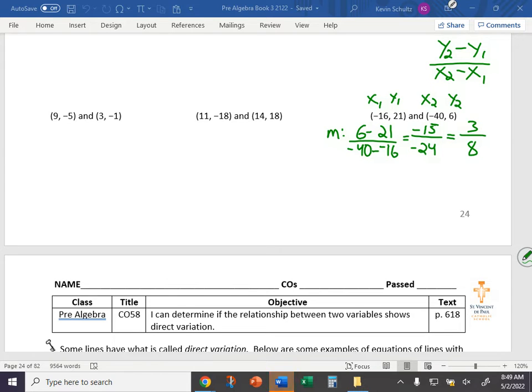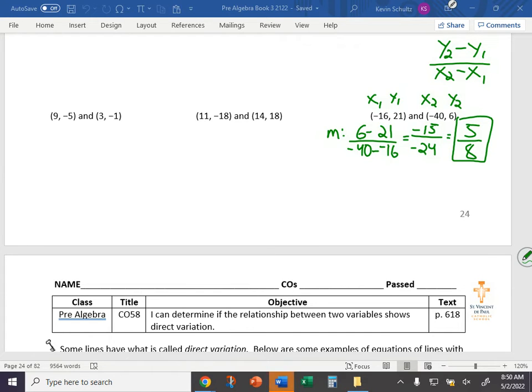I'm sorry, Abby. That's okay. I'll blame it on being a Monday. But it's positive 5 over positive 8. Okay, thank you, Abby. Sorry about that. And it is positive because those two signs cancel out. So positive 5 over positive 8.